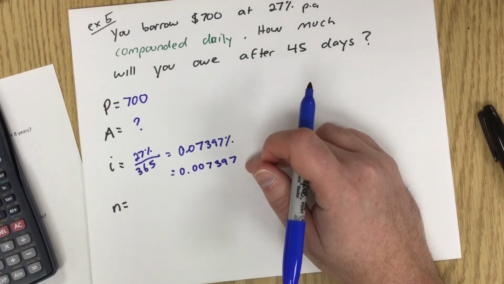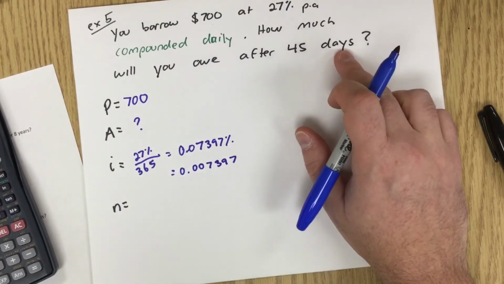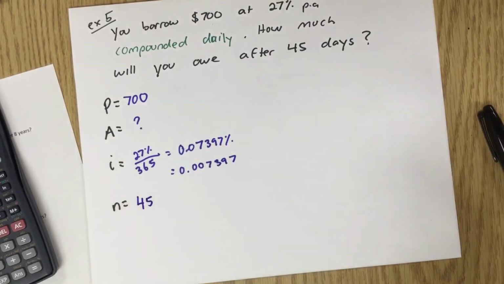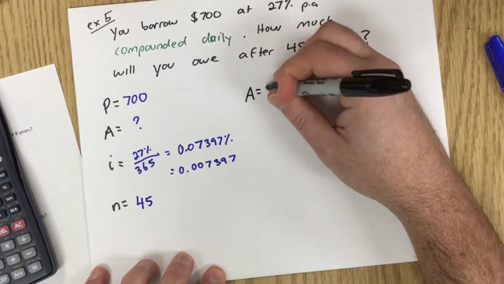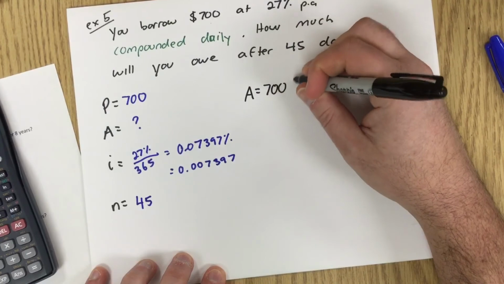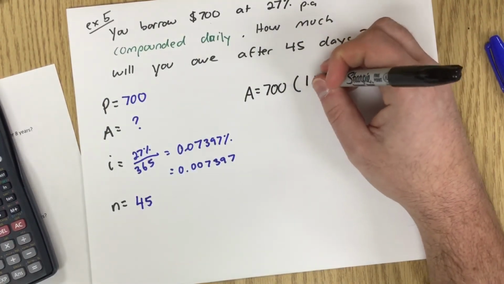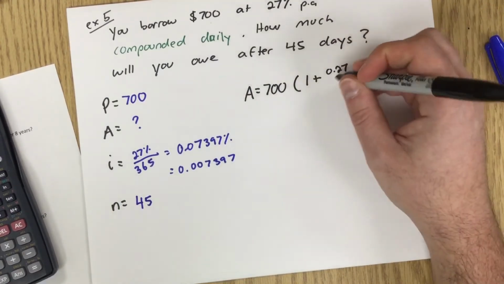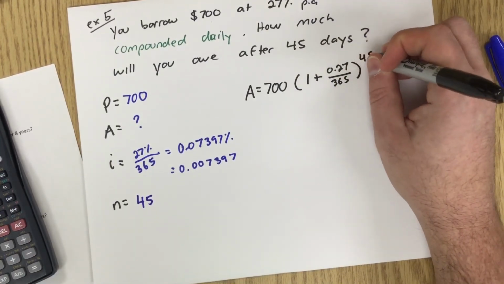Now, how many compounding periods? This is how much the interest is per day, because the interest is compounded daily. However, we're going to be doing this for 45 days. So the n is actually a straight up 45. Now, the way I'm going to put this into the calculator, I'm going to say that A is 700 times 1 plus 0.27, which is the percentage in decimal, over 365 to the power of 45.